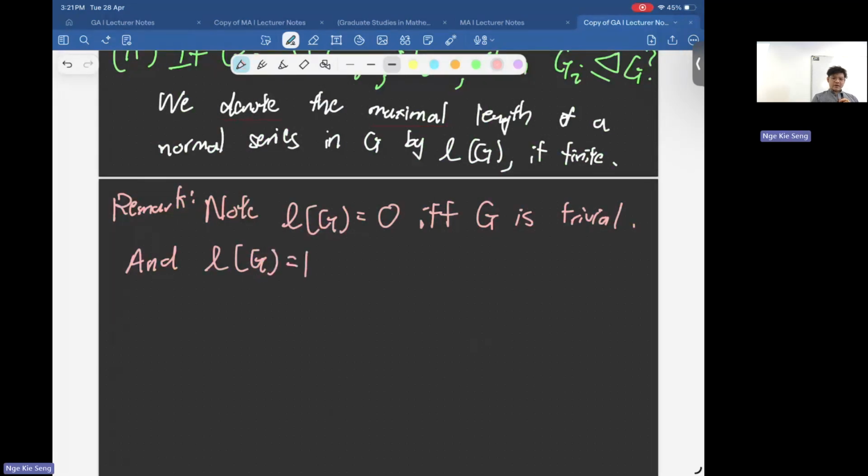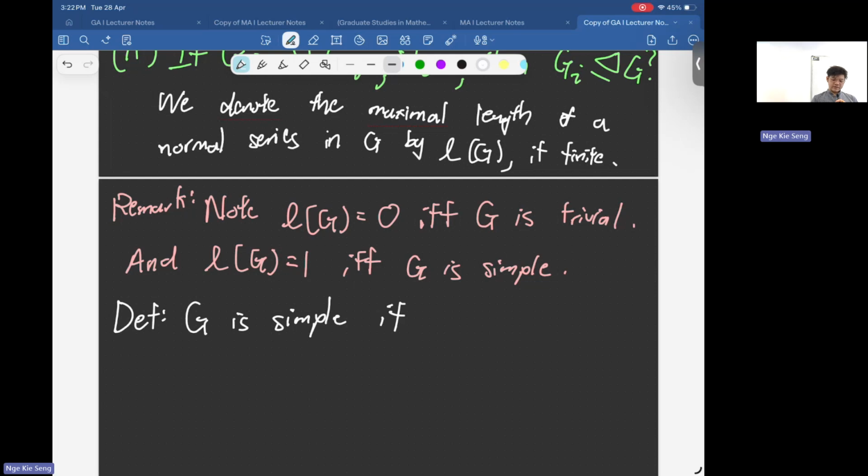The other thing is L(G) equals 1 if and only if G is simple. Why? Did anyone introduce simple groups here? No, none of you. In my previous notes I think I have it, but I think no one discussed this yet. What is it for G to be simple? Anyone can recall? Maybe you can search it up.